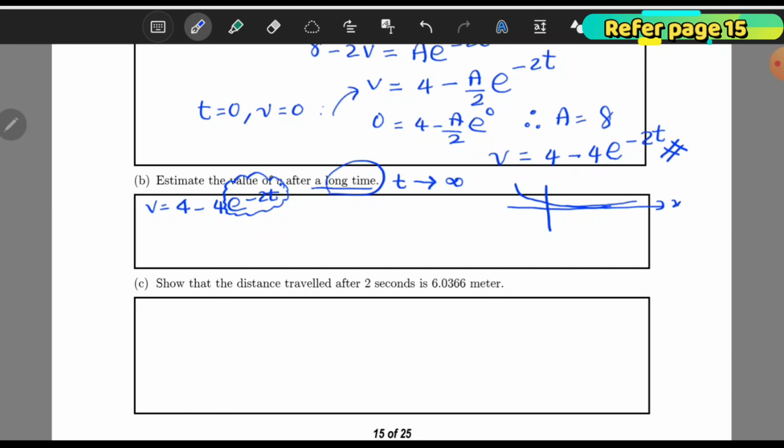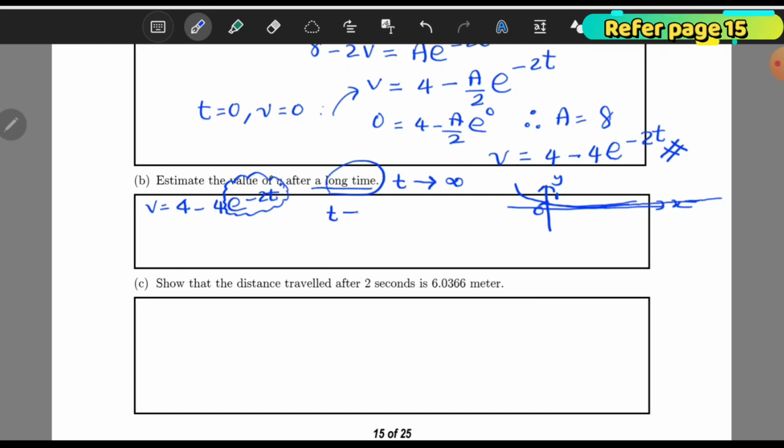So this is your x, this is your y. And the intersection is at y equal to 1. So when you move to the right here, or when t is approaching infinity, your graph here will approach 0.